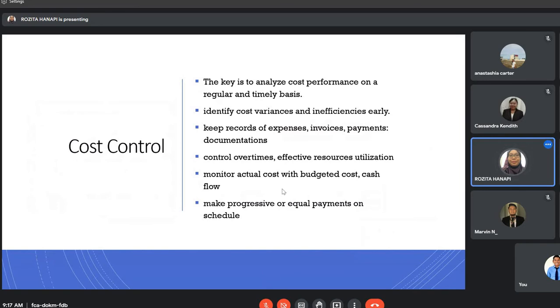And then you need to control the overtime in the project in order to control the budget. Therefore, you need to also make sure you effectively utilize all the resources in the project.